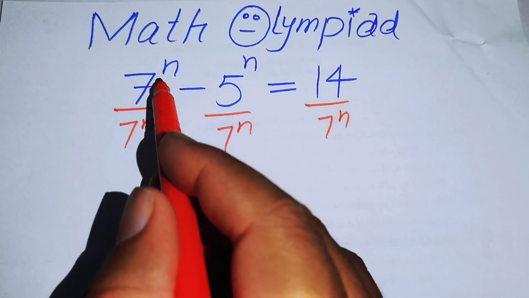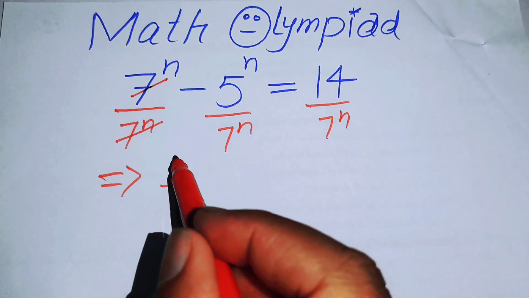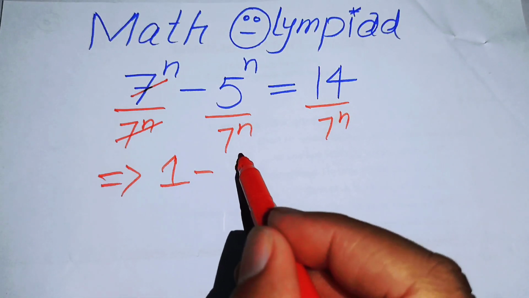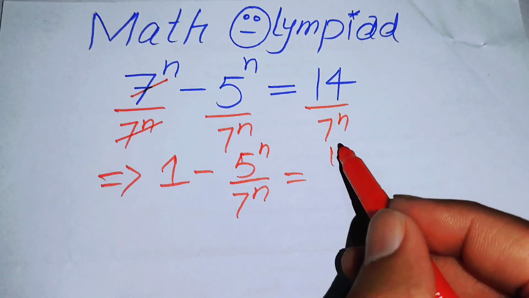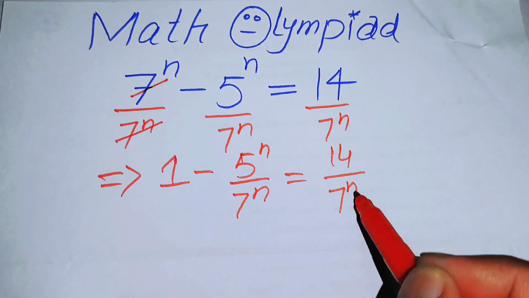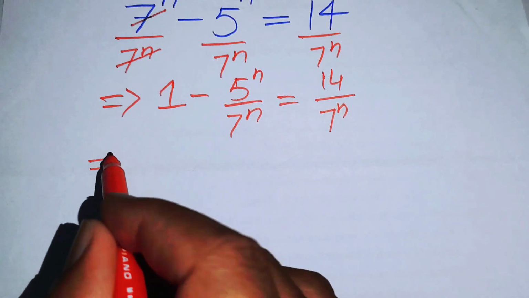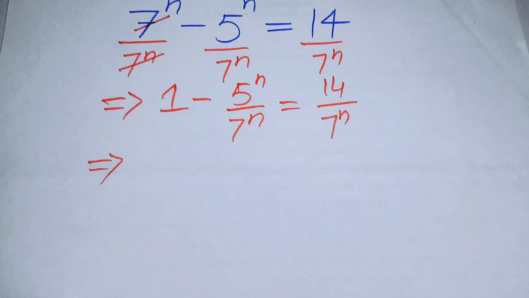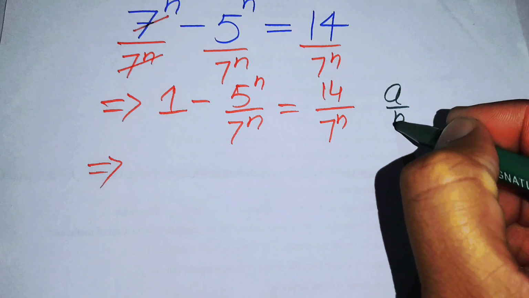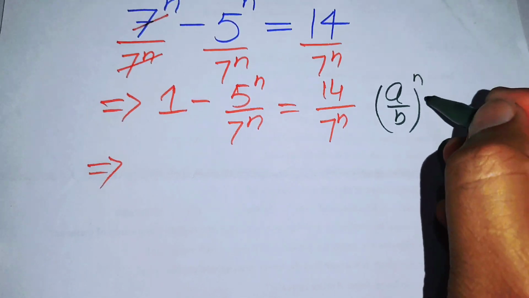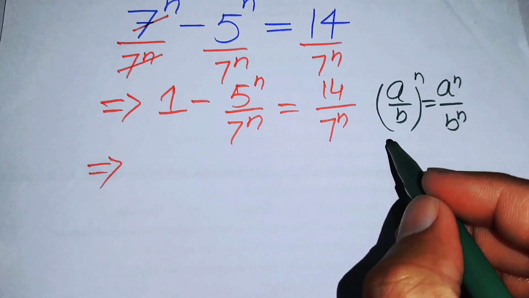And after this step you can see these cancel each other, and we will get 1 minus 5 to the power of n over 7 to the power of n is equal to 14 over 7 to the power of n. After this step we can apply the nice exponential law: if we have a over b and its whole power n, it is equal to a to the power of n over b to the power of n.